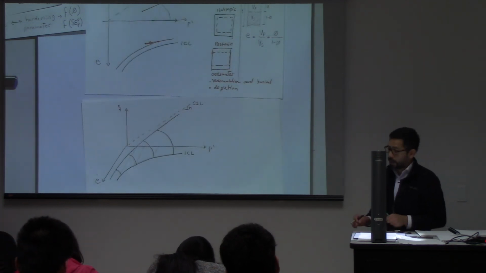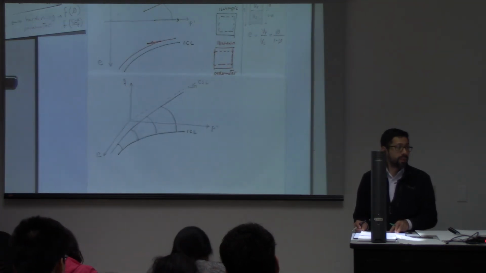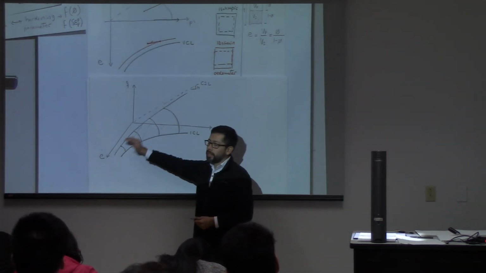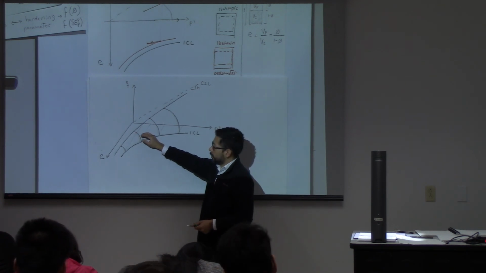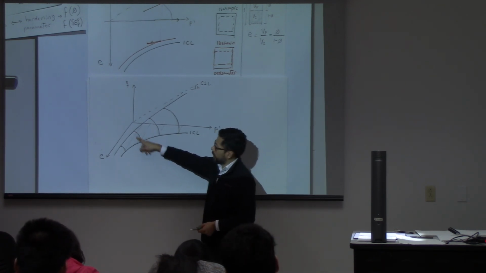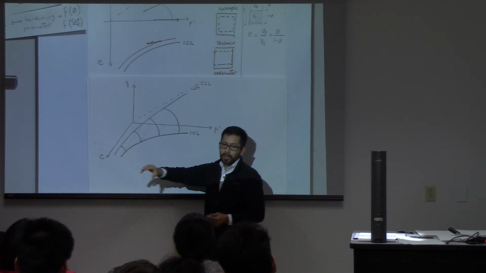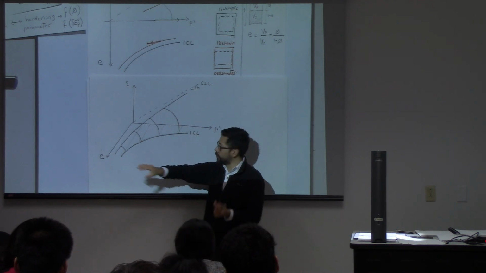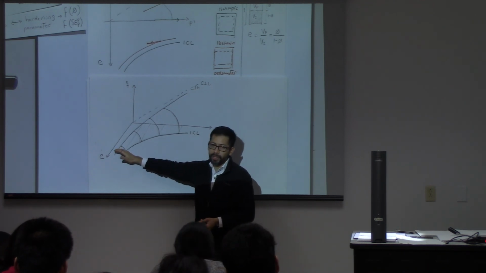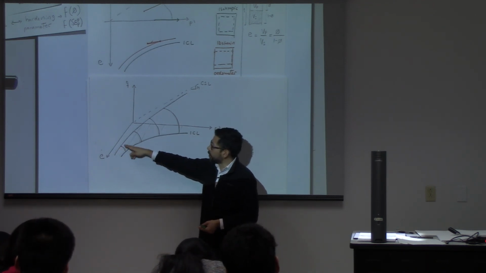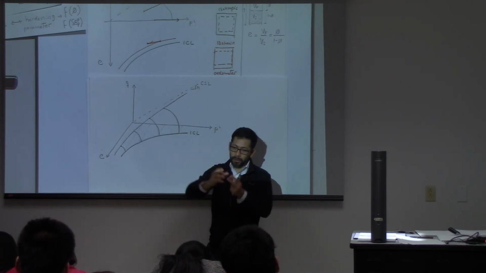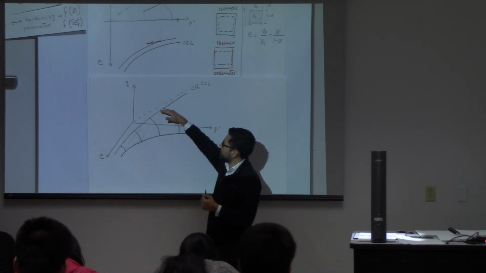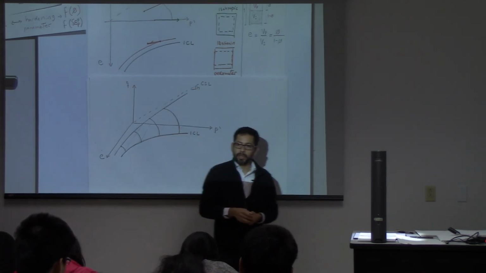But basically, the important concept here is that the size of your yield surface, according to this model, depends on porosity. The higher the porosity, the further apart the grains are, the freer they are to move, and therefore the yield surface is very small. If the porosity is very small and your grains are close together, very well packed, your yield surface is going to be much bigger.